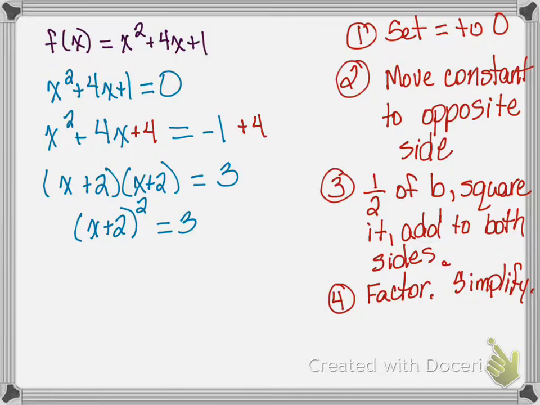Subtract 3, and instead of putting it equal to 0, put it equal to f of x. So you are subtracting 3 from both sides, and instead of it being equal to 0, because you've subtracted 3 from both sides, I want you to put f of x. What have you just done?